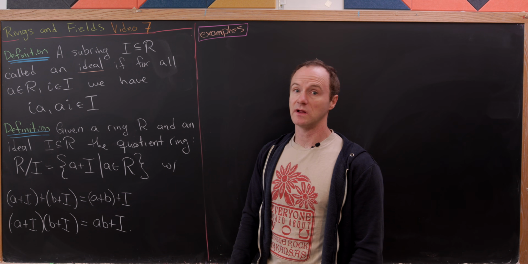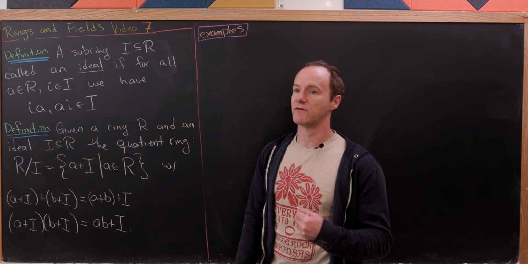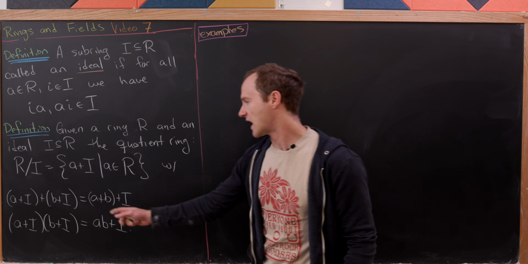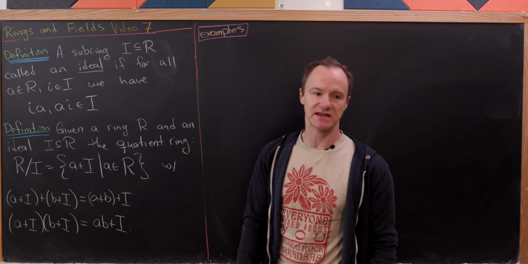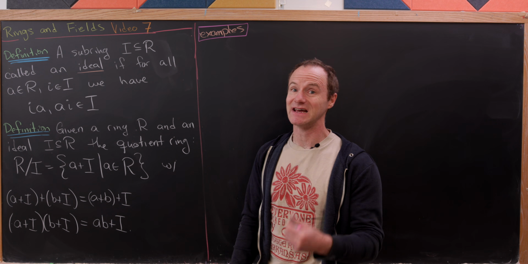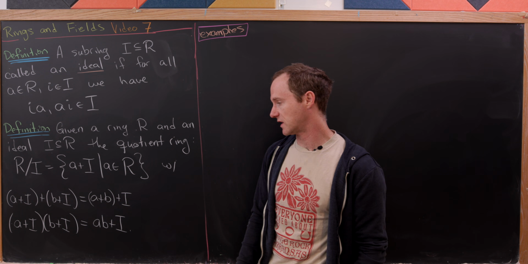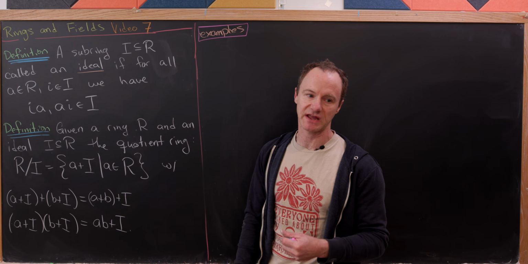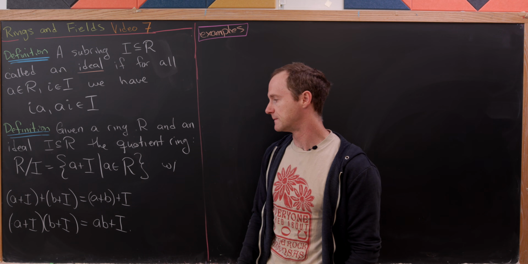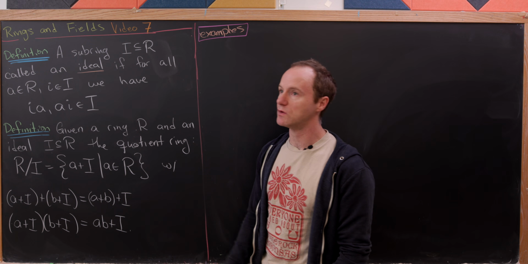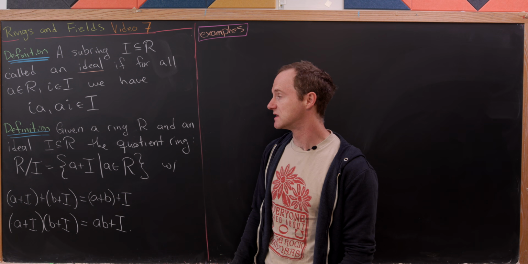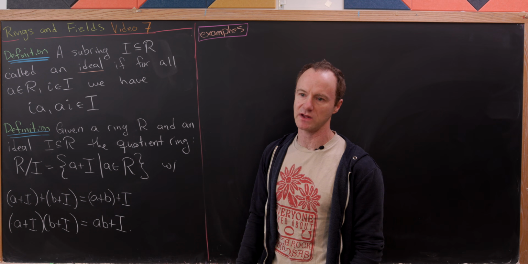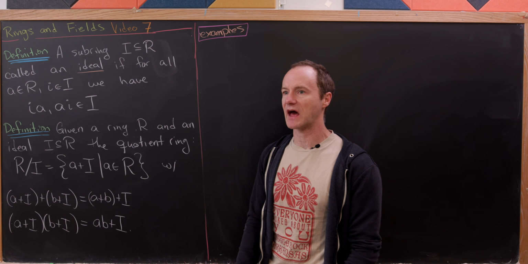So now we'll endow that with the structure of a ring via those operations that we talked about before. So we've got (a plus I) plus (b plus I) is (a plus b) plus I. So that's the addition on this quotient ring. And then (a plus I) times (b plus I) is ab plus I. So that's the multiplication on this quotient ring. And again, we know that those two operations are well defined because of this condition up here on the ideal that we really derived the need for earlier.